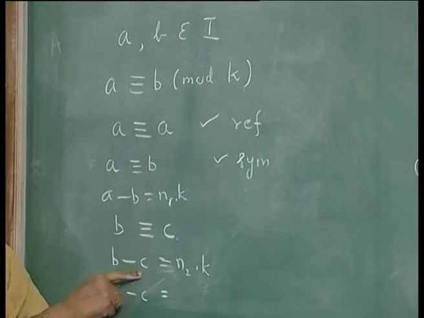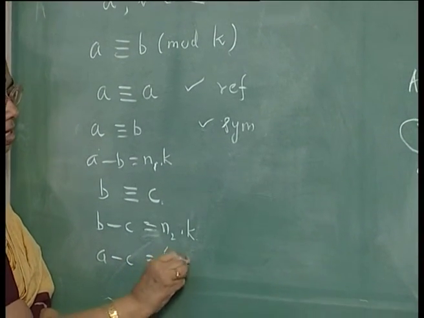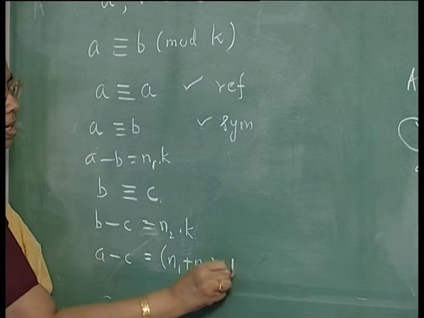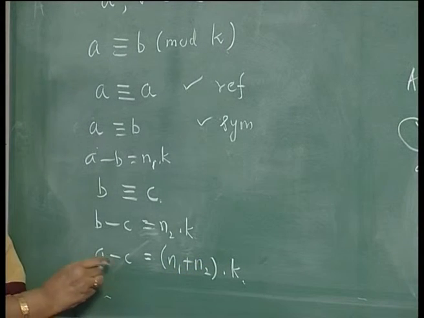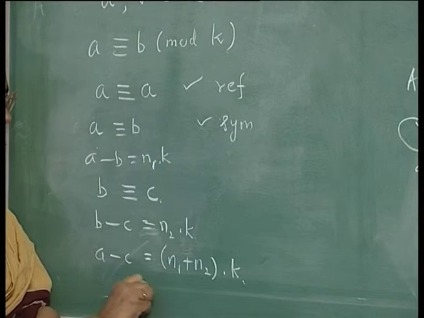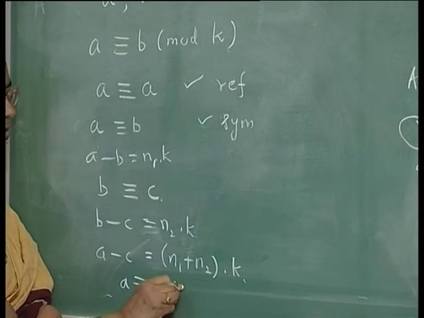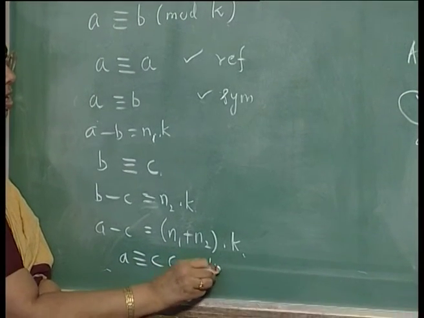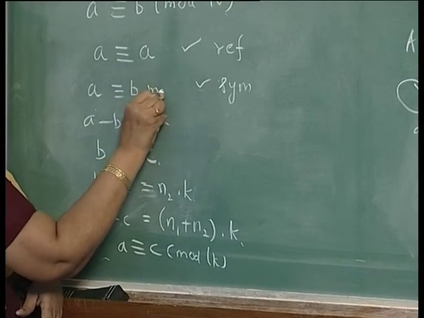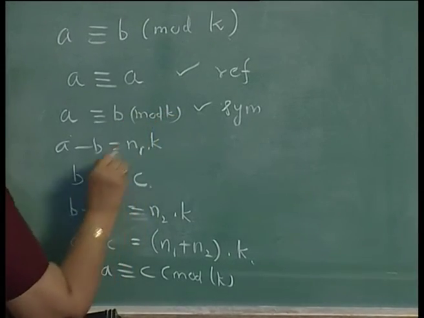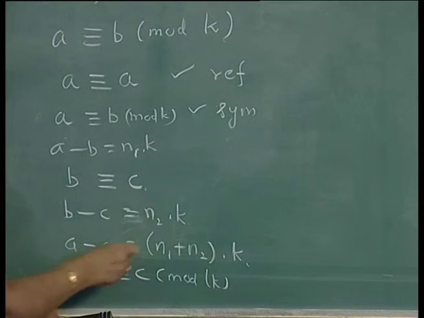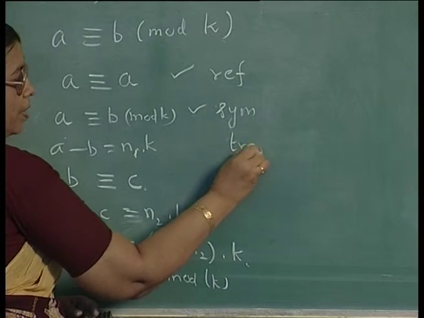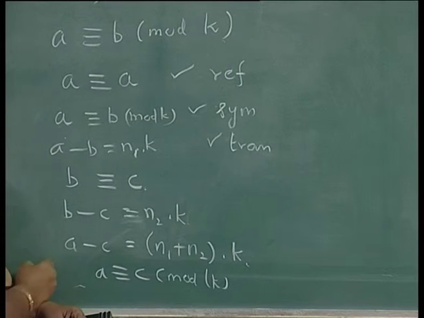Add these two, and you will get a minus c is n1 plus n2 times k, which amounts to saying a is equivalent to c mod k. So, the transitive property also holds. Because all these three properties hold, it is an equivalence relation.